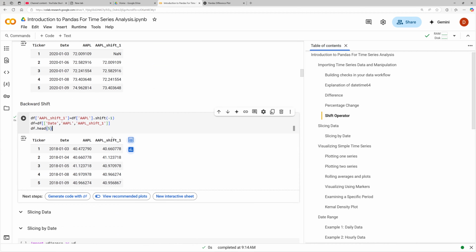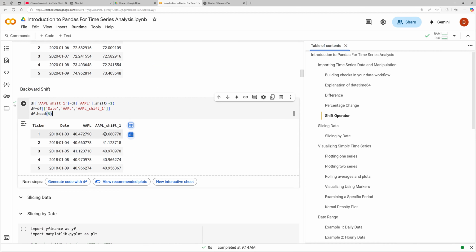The reason why backward shift is kind of useful in my view is that we could use past values to try to predict future values. So if we have this value, we could try to use that value to predict this value, as a feature or on itself.